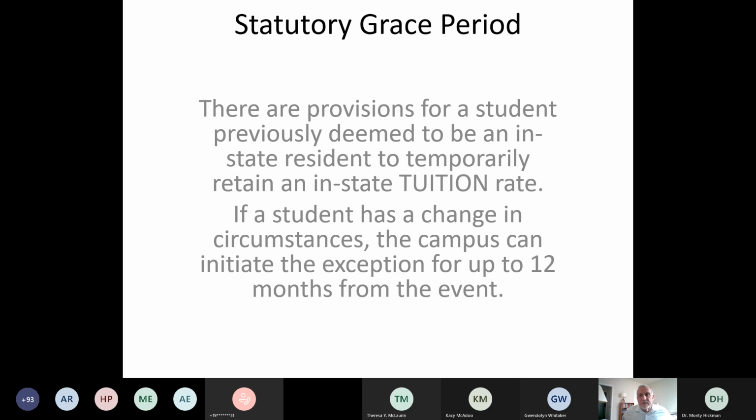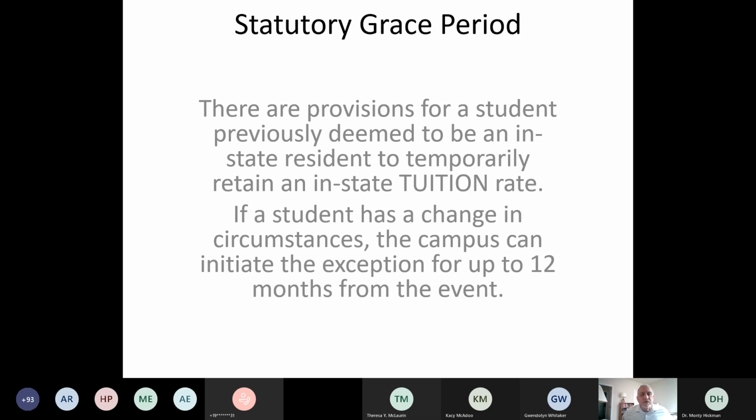Meaning, if someone moved on July 1st of this year and just told you today, today would not be the start of the clock; it would have been July 1st. And this again can be applied to students who don't have their visa expired.